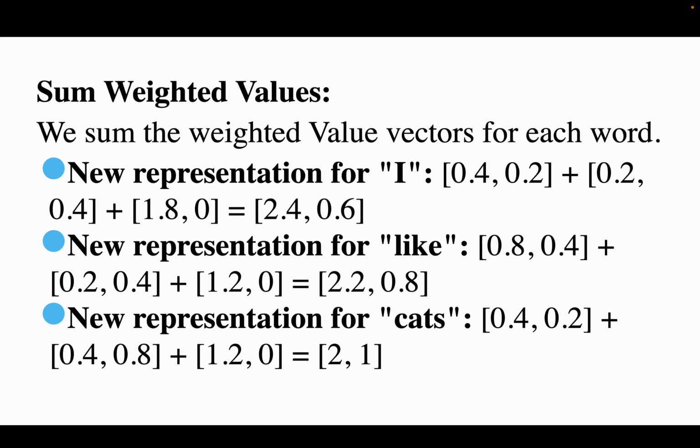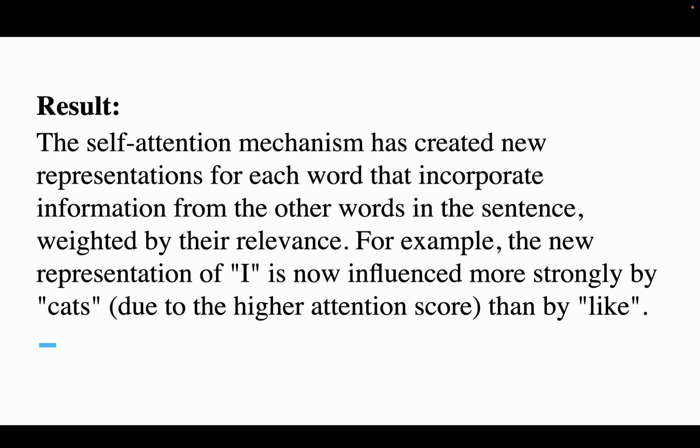If we create all these sentences and further try to come up with an answer, then this calculation will work behind the mirror, and it will perform all the calculations, and we will reach the final conclusion. So the result is the self-attention mechanism has created a new representation of each word that incorporates information from the other words in the sentence, weighed by their relevance.